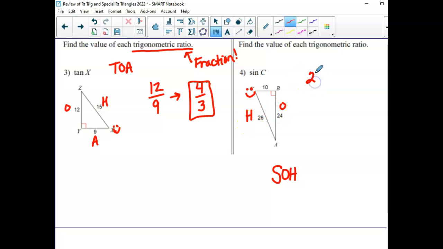So we're going to write opposite over hypotenuse, and we're going to reduce by 2, right, to just 12/13. Is that right? Did I reduce that right? Somebody yell if I do something wrong. I'm just trying to get through this with a decent recording this time.